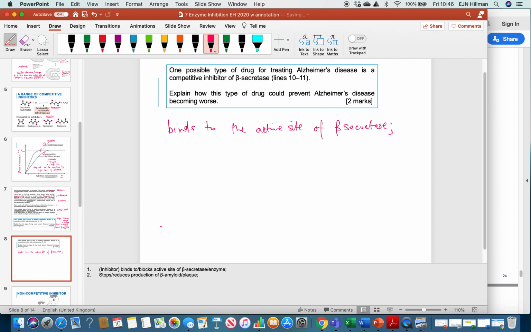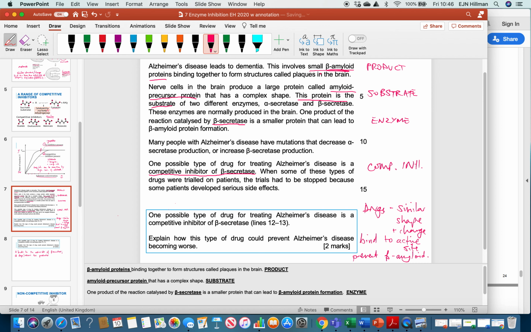There's the first mark. You could call it beta secretase, you'd get away with calling it just the enzyme. The second mark is it stops or reduces the production of the product. And we've identified the product already, those small beta amyloid proteins.